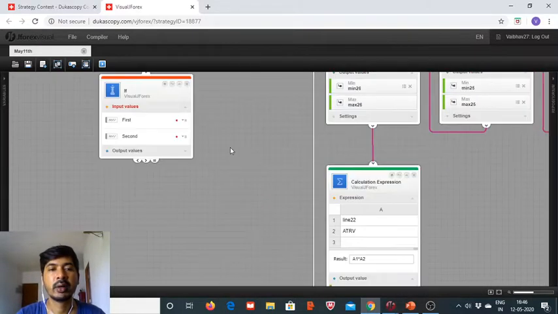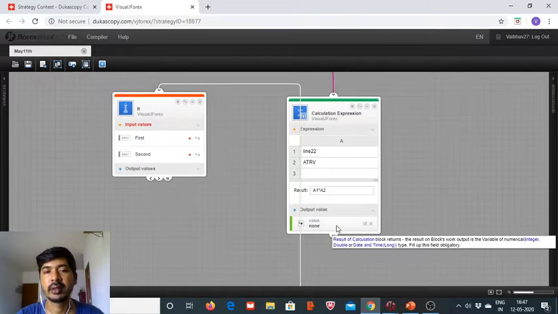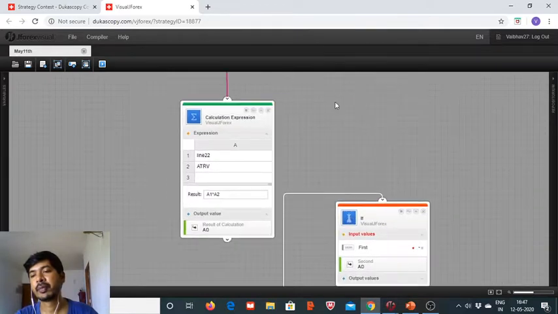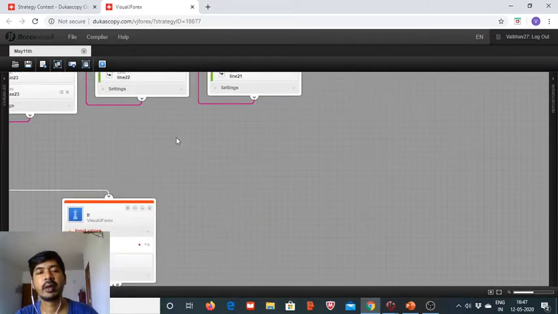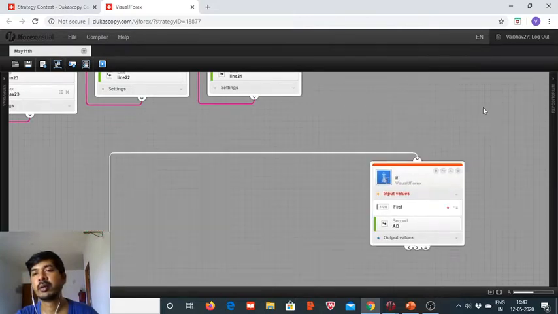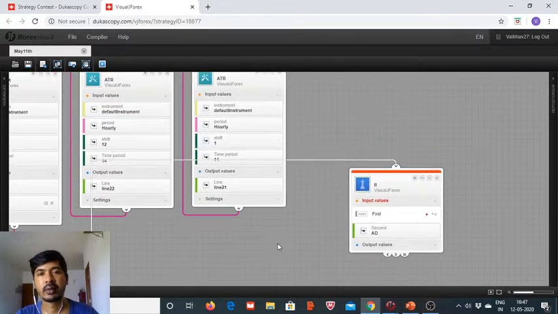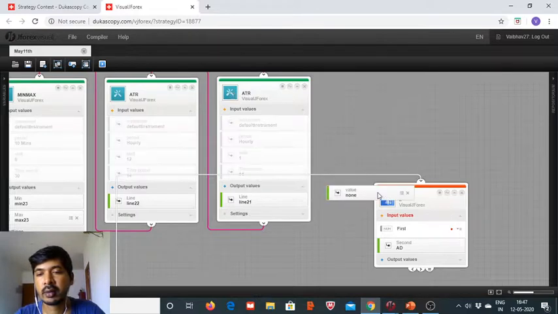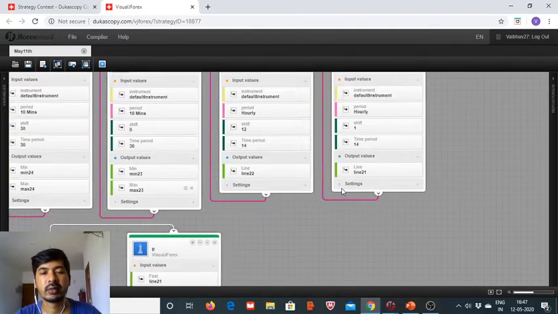Now we take our if block and we take AD as a second condition, and we compare the ATR values here of last 1 hour, and it is line 21, and line 21 should be less than the ATR difference.